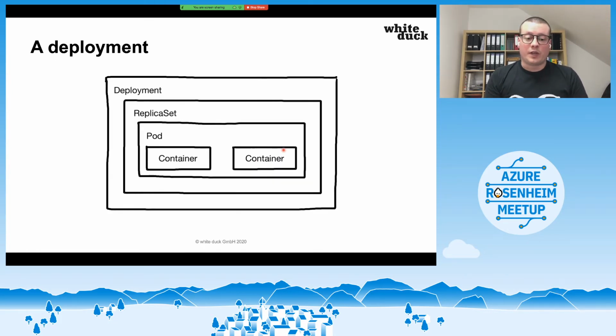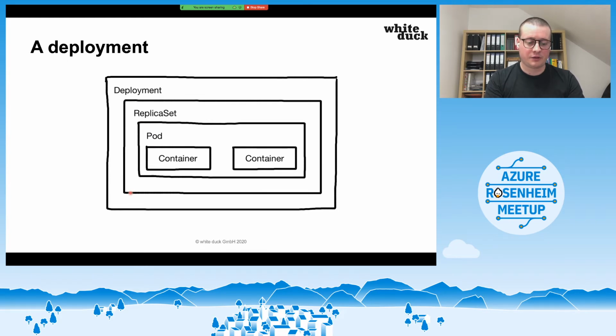So if you would just create a pod, which you can do, Kubernetes wouldn't make sure that this pod is running all the time. Because of this, we have some other kinds of resources in our Kubernetes cluster. So here in the middle, we do have our pod, which consists of one or multiple containers.